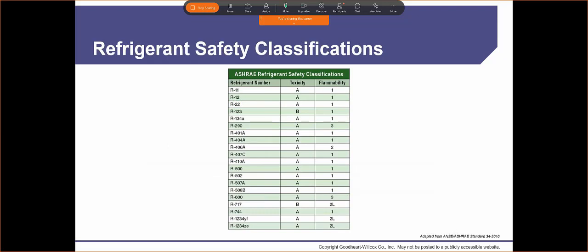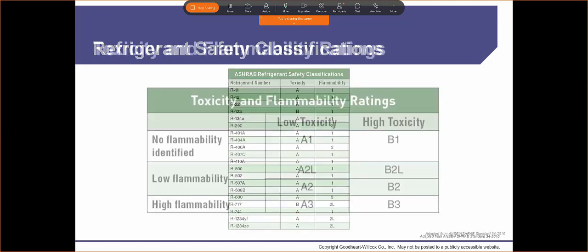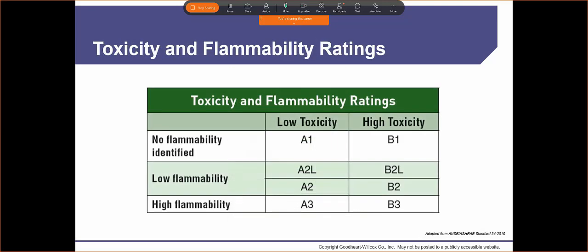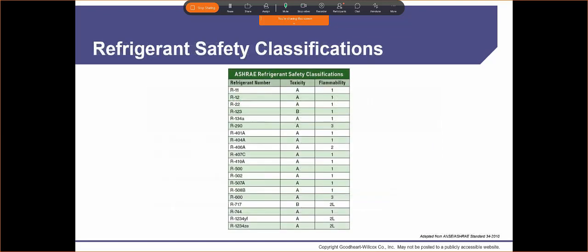So if we go back to our chart, I get a refrigerant that's got a sort of low toxicity. My toxicity for the most part is good, but then I get into a 123 or a 717, and I have to worry about it potentially being harmful.